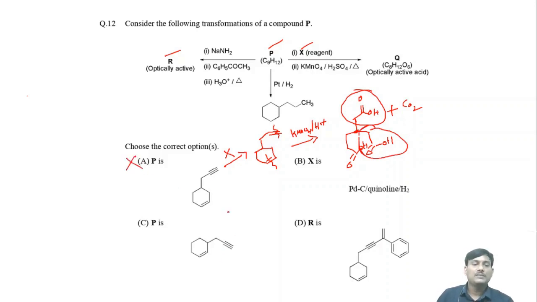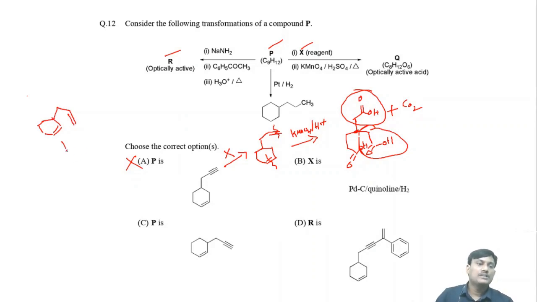Suppose you take P. In case of P, what is the final product? When you treat with X, you will get partial reduction of the triple bond. So finally you will get this one.